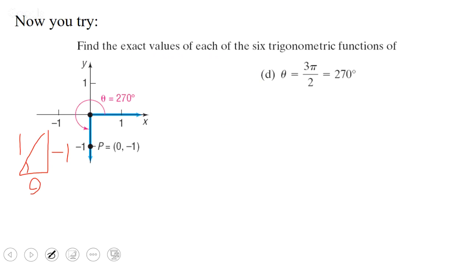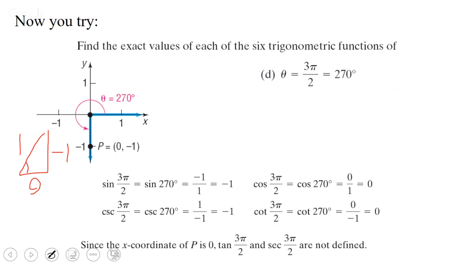From there, I can do all 6 trig functions. Sine is opposite over hypotenuse, so -1 over 1, which is -1. Cosine is adjacent over hypotenuse, 0 over 1, which is 0. Tangent is opposite over adjacent.